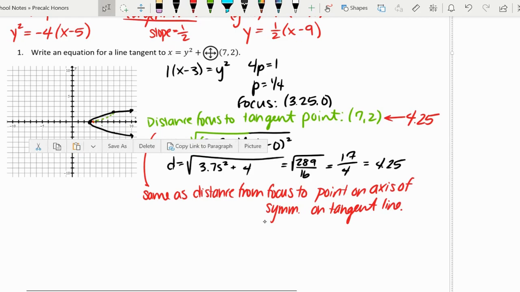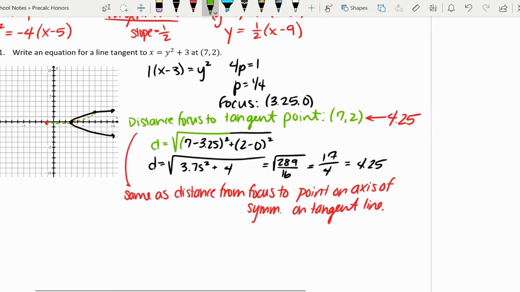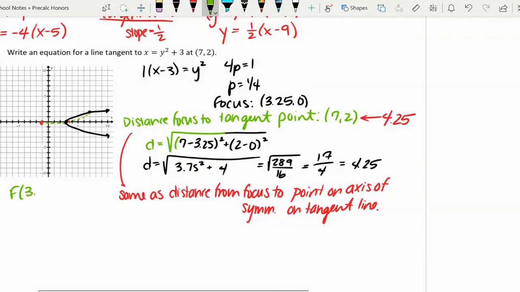So 1, 2, 3, 4. That'll put a point right there. And this would create our isosceles triangle. So really what I did was, here's our focus point, (3.25, 0), and we went to the left on our axis of symmetry. So that other point on our tangent line is (-1, 0).